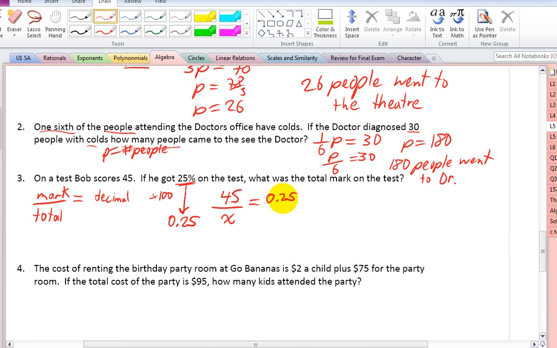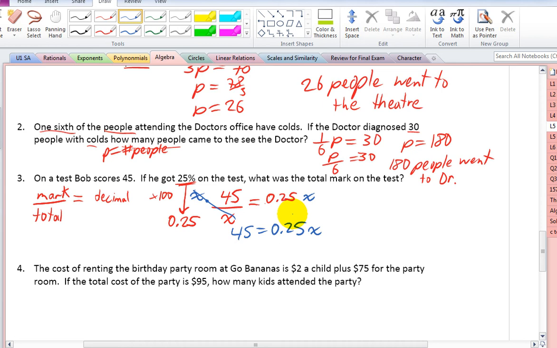Okay, go for it. Solve for X. Get it out of the basement first, folks. X is trapped in the basement. He doesn't like the spiders. Get it out. What's the opposite of dividing by X? Okay. So you times both sides by X. Left side cancels. You get 45 equals 0.25X. So that's your very first step. Okay.